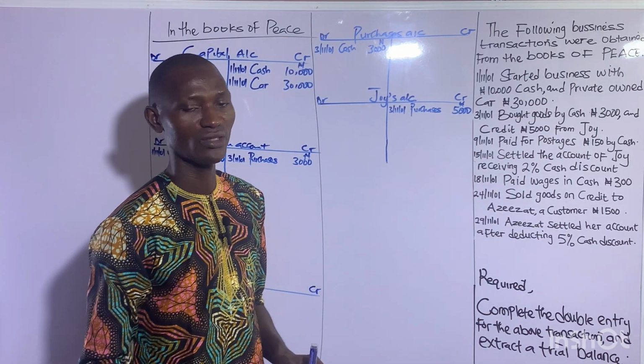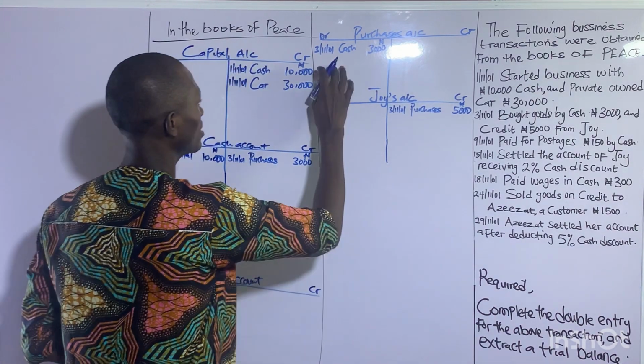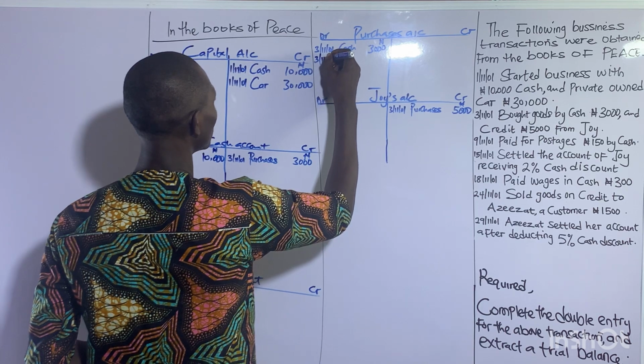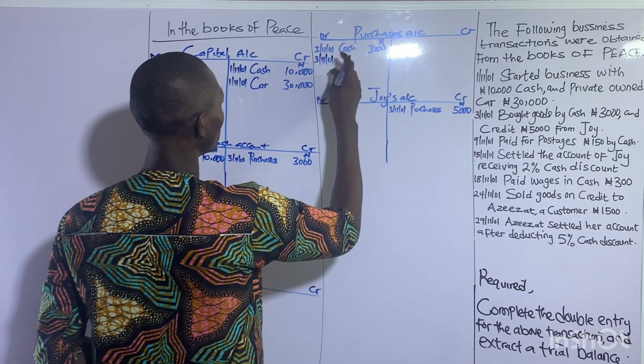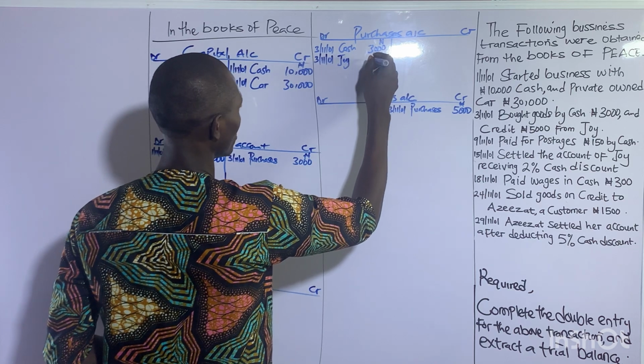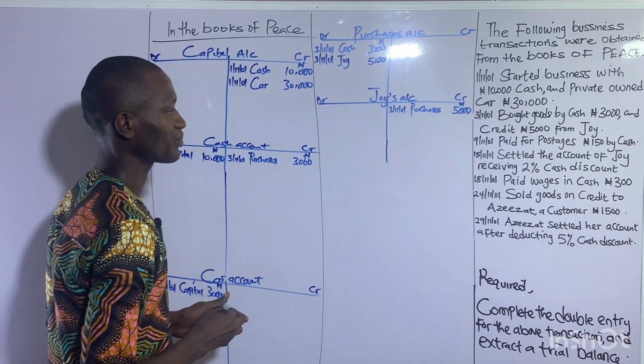And for every credit entry, there must be a corresponding debit entry. So let's debit purchases now. The same date, 3/11/01. The particular is Joy, because it's from Joy that we are purchasing. And that's 5,000. So that's that.